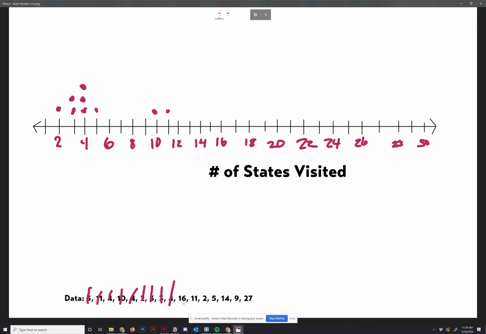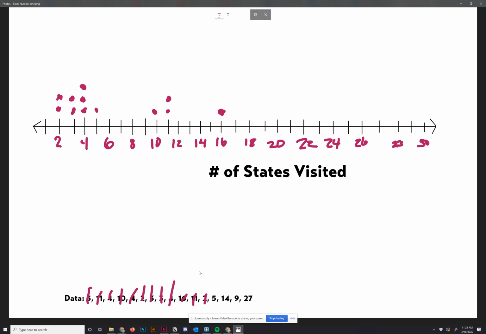A dot on 16. That's a lot of states. I'm curious if you've been visiting family in those states or if you go to national parks, what it is you do in each state. My family visited a lot of national parks. Now my next data point is a 2, so I come back up to the 2 and put another dot.